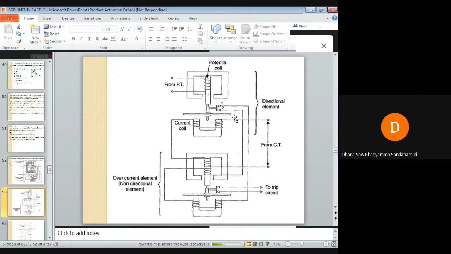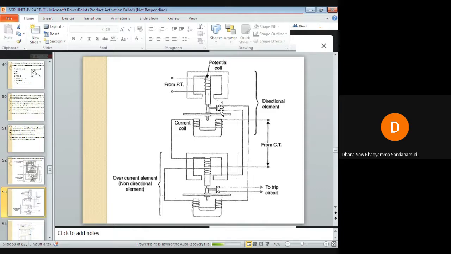In such case, the disk of the directional element will rotate, because of the fluxes that are induced in both the electromagnets, and these two fluxes will have a space and time displacement. The resultant driving torque will overcome the control torque, and it will cause the moving contact to move towards these fixed contacts.